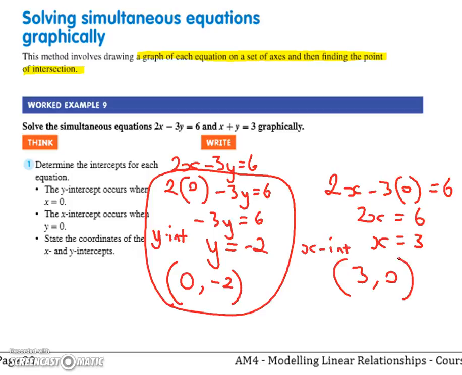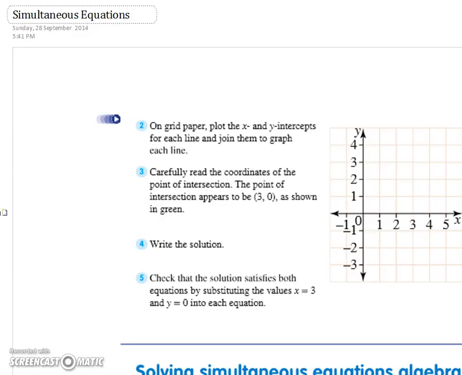Everyone happy with that? I'm going to change pages. This question is going to be in a couple of parts. We're going to plot these two points and draw this line. So we've got 0, minus 2, and 3, 0.